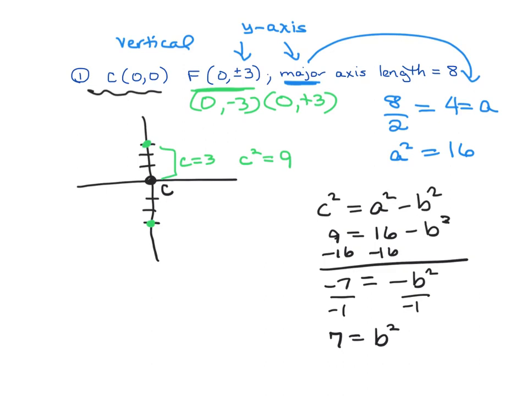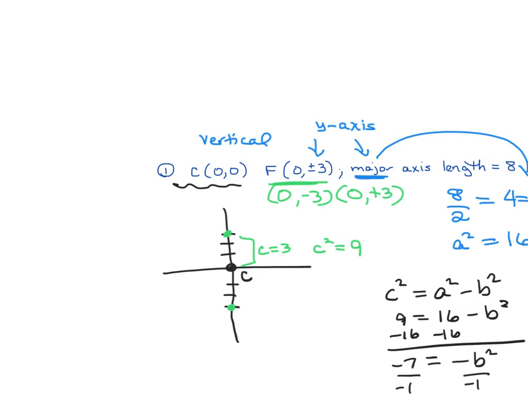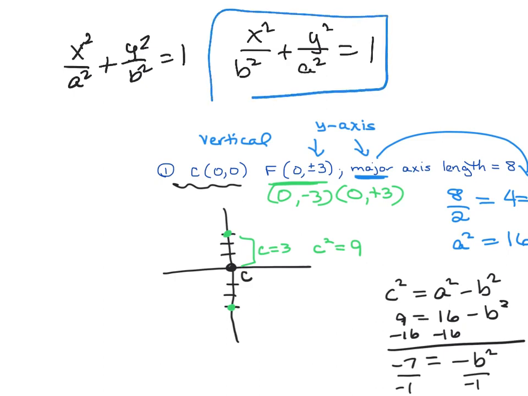Now, one other thing that we should think about is the standard form of the equation we're looking for. So remember, when your center is at 0, 0, we had two scenarios. We either had the A squared that was under the X squared, and then B squared would have been here, or we have this set up, and this is the one that we have for this problem. Because remember, we've determined that our major axis is Y, so this is what I'm filling in.